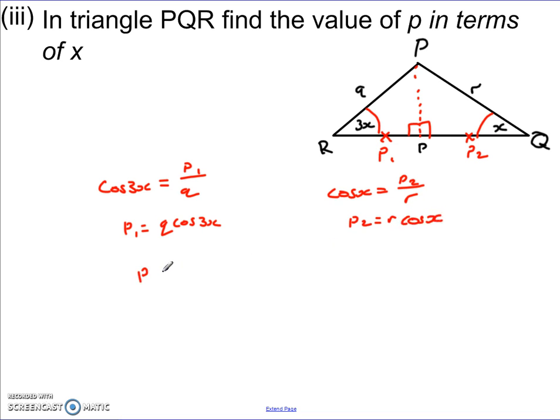And I then know that P is equal to the sum of these two, P1 plus P2. So P equals Q cos 3x plus R cos x.